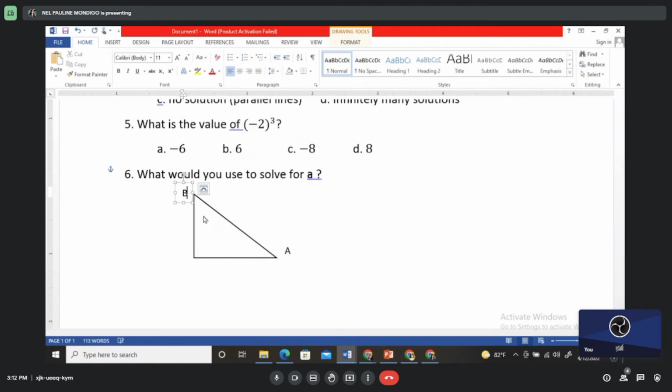Here is for big letter B. Here is for letter C. Here is our small letter A. So what will we use to solve for A?